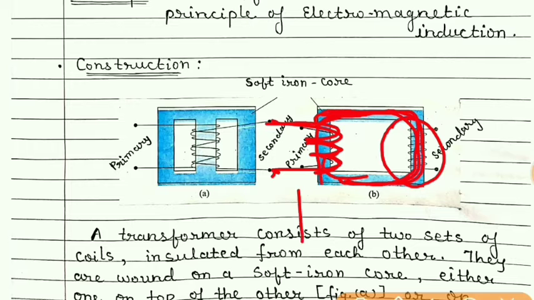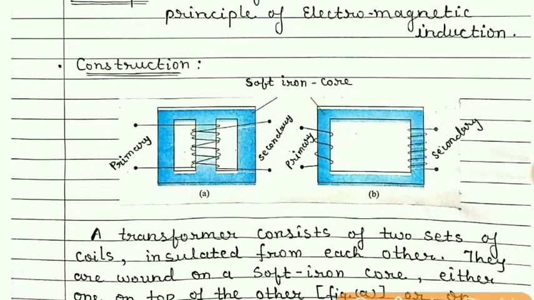And as this current changes constantly, the flux also changes in the secondary, and as a result there is an induction of EMF in the secondary coil, and so we get here an AC.